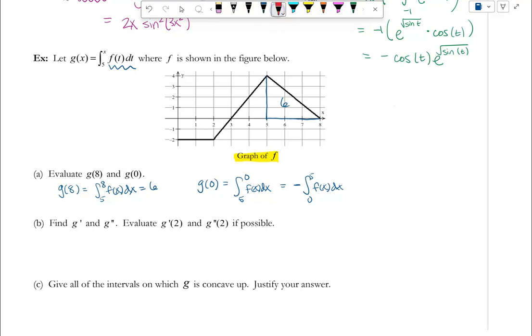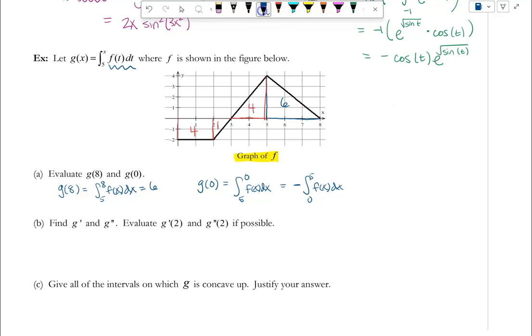So I like to kind of chunk this up. I've got a rectangle here that is 2 by 2, so that's an area of 4. I've got a triangle here, 2 times 1 times 1/2, that's an area of 1. And then from 3 all the way over to 5, I have another triangle. 2 times 4 times 1/2 is 4.